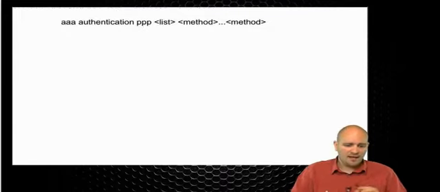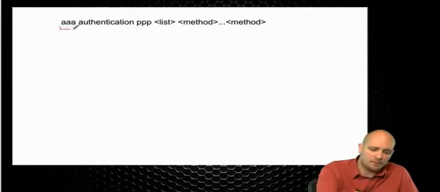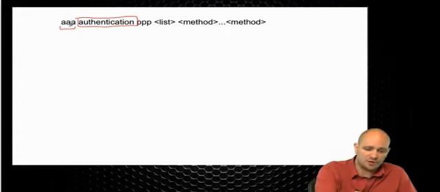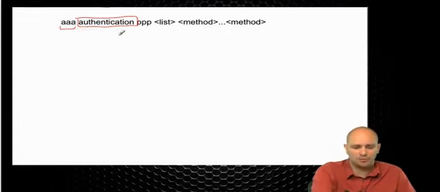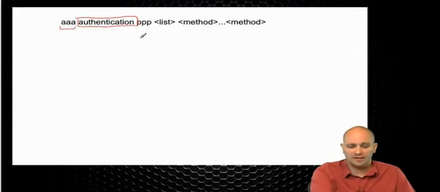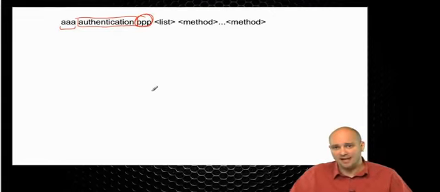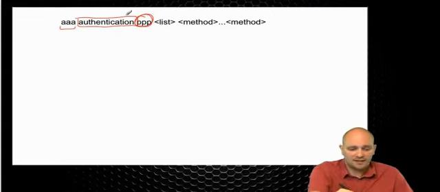Now, when we have aaa, the next thing here that we are specifying is the sub-mode of AAA. And AAA here stands for authentication, authorization, and accounting. So here we are telling our IOS that we are configuring the authentication. Here we are specifying for which service in the IOS we are going to provide the authentication.